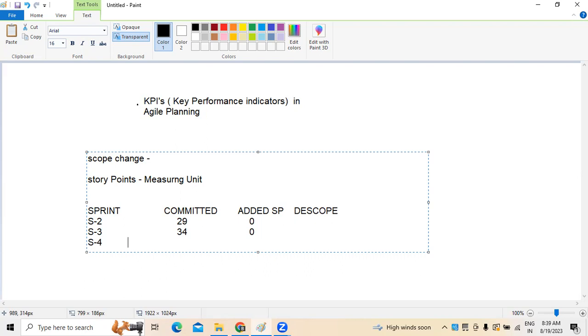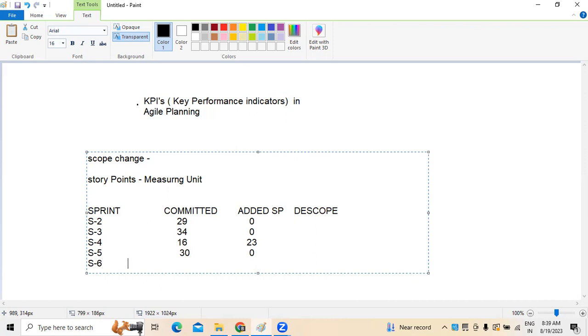Now I am taking sprint 4, where the committed story points were 16, but the additional story points added were 23. Now sprint 5, we have 30 story points, and no additional story points were added.